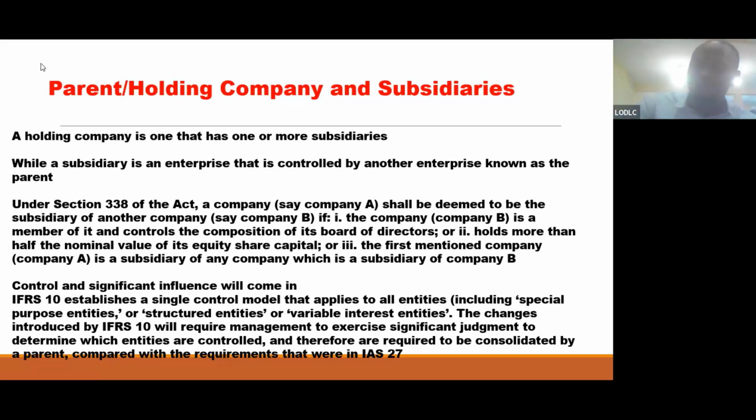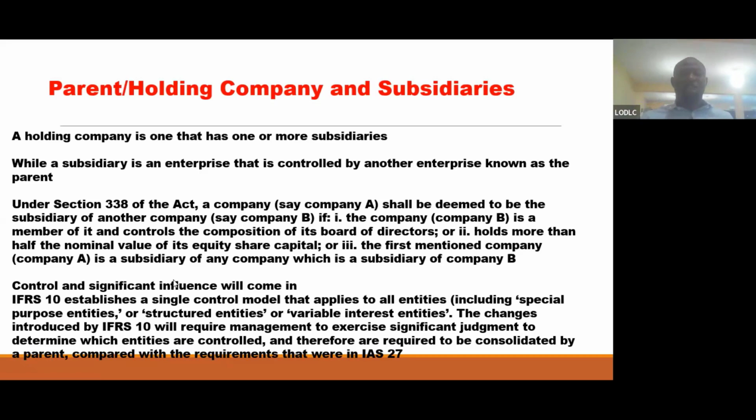What they are saying here is that if we want to say that a particular company is a subsidiary of another company, it must control the composition of its board of directors, it must hold more than half of the nominal value of the equity share capital, or it must be a subsidiary of another company.